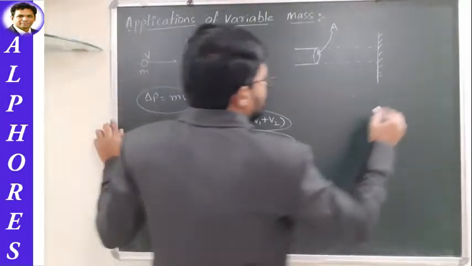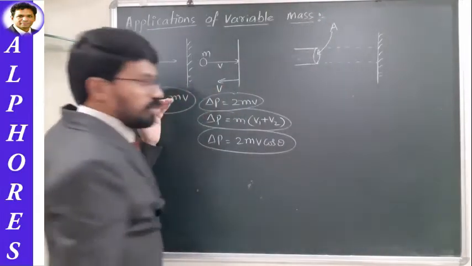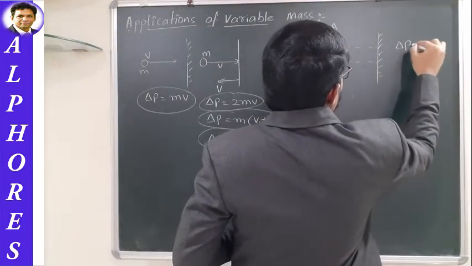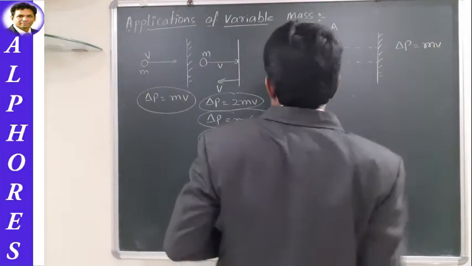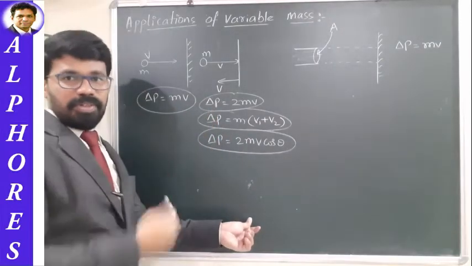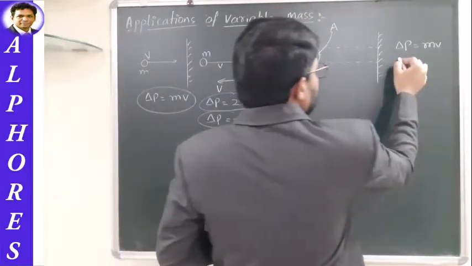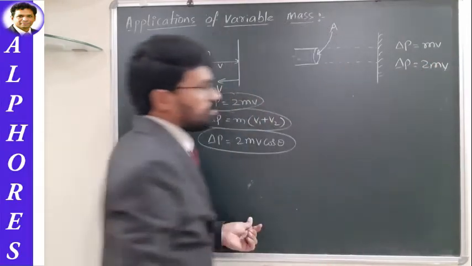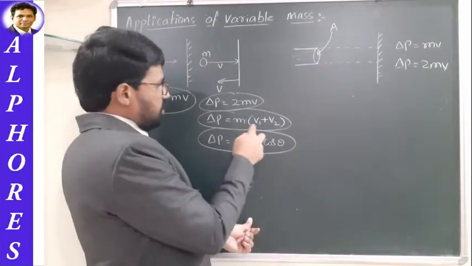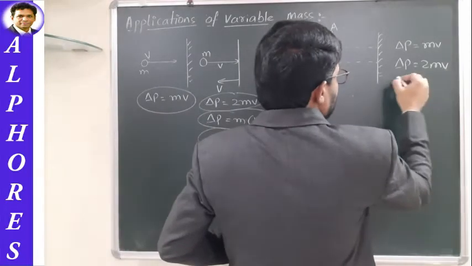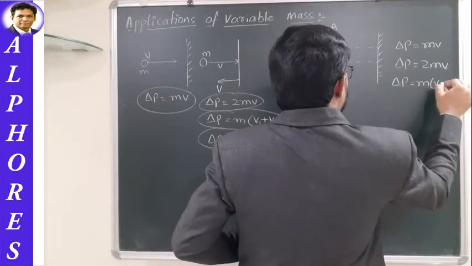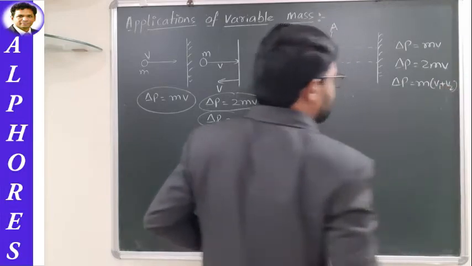Change in momentum in case the ball is falling dead: delta P is equal to mv. If it is rebounding with the same velocity, change in momentum is expressed as 2mv. If it is rebounding with a different velocity, change in momentum is equal to m into (v1 plus v2).